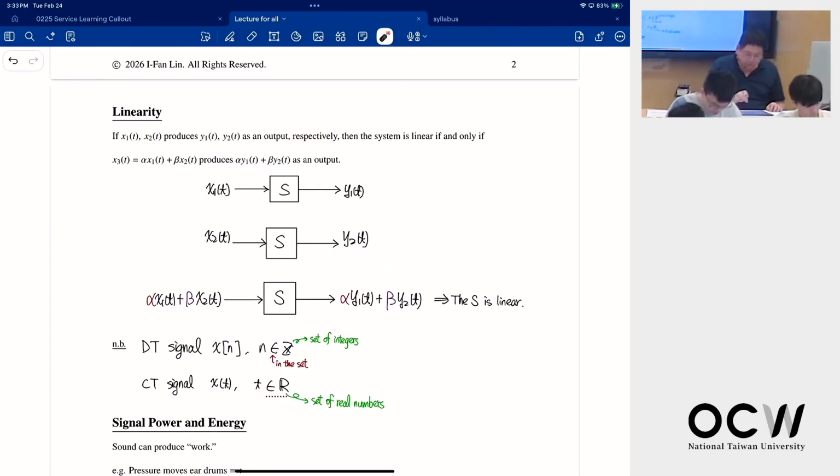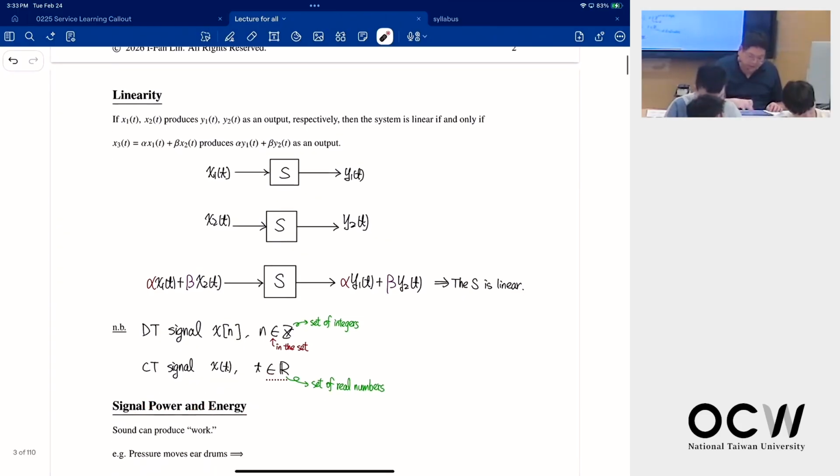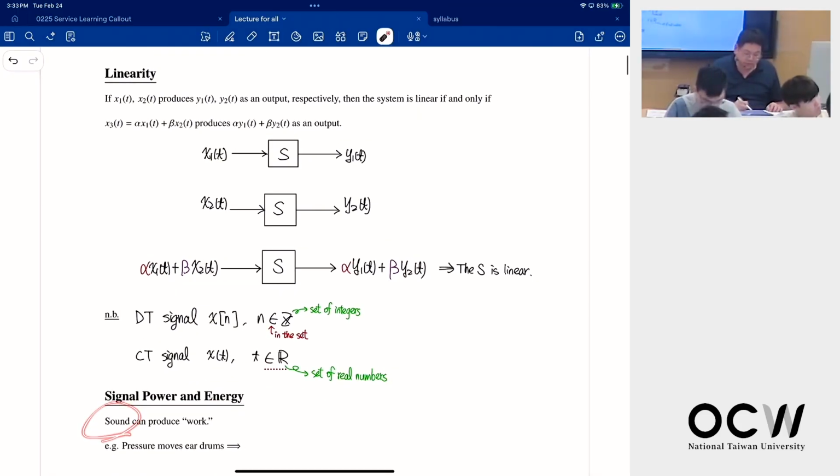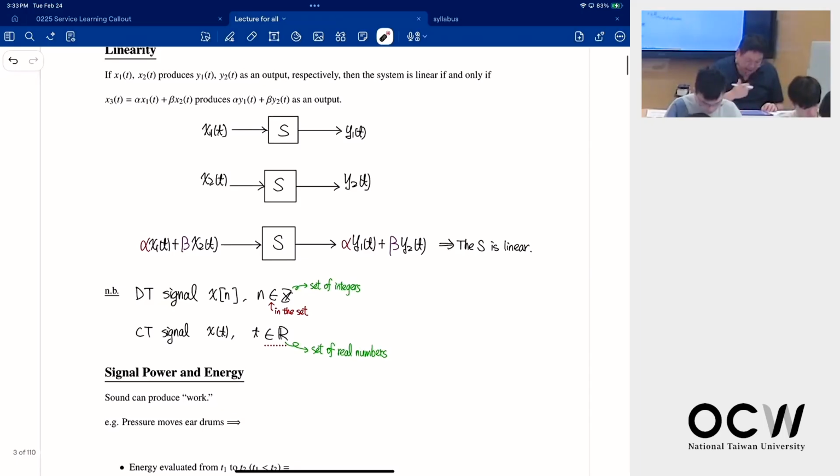Next, we are going to talk about signal power and energy, because think about sound. The sound can produce work. It's like power, or we can say that's energy. And also the pressure moves the eardrums, and that also implies that the sound can have power and energy.